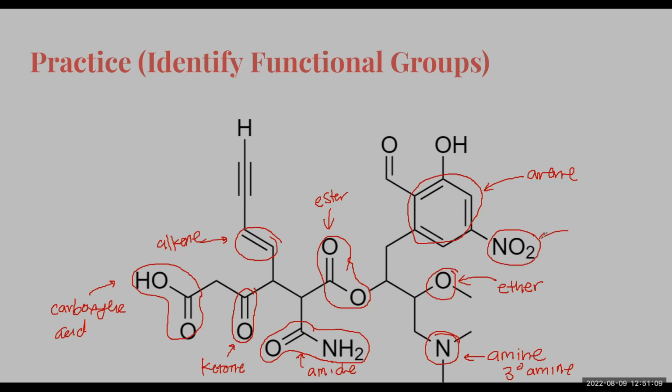This is a nitro group. Over here, we have an alcohol. We also have an alkyne right here. And finally, this may not look like an aldehyde, but it is actually an aldehyde.